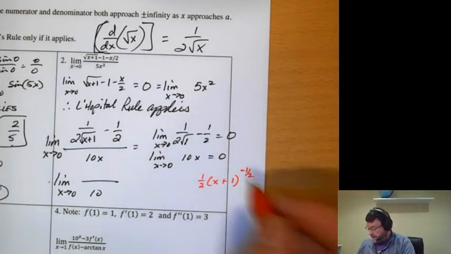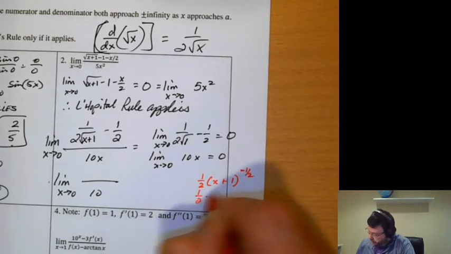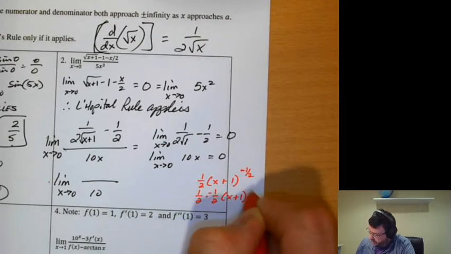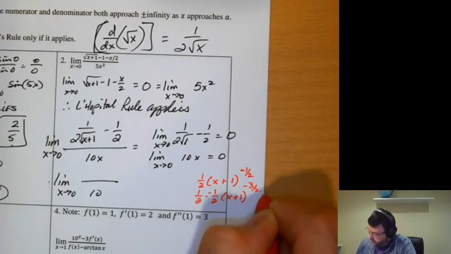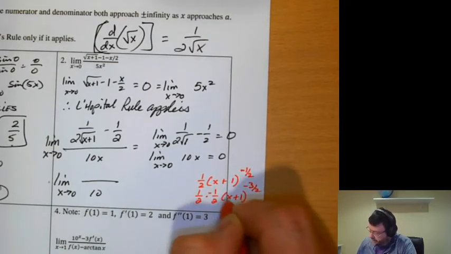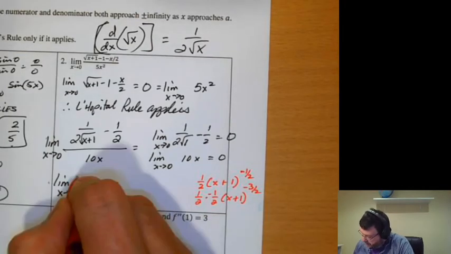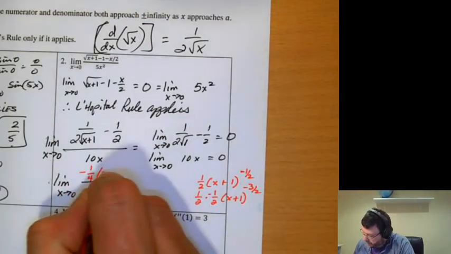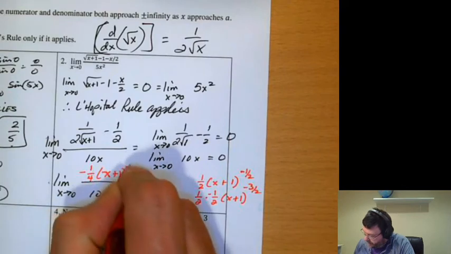All right, so the 1/2 stays out there. We're going to multiply it by the negative 1/2. We're going to take the inside and drop this by 1. And we're going to multiply by the derivative of the inside, which is 1. So this is negative 1/4 of x plus 1 to the negative 3/2.